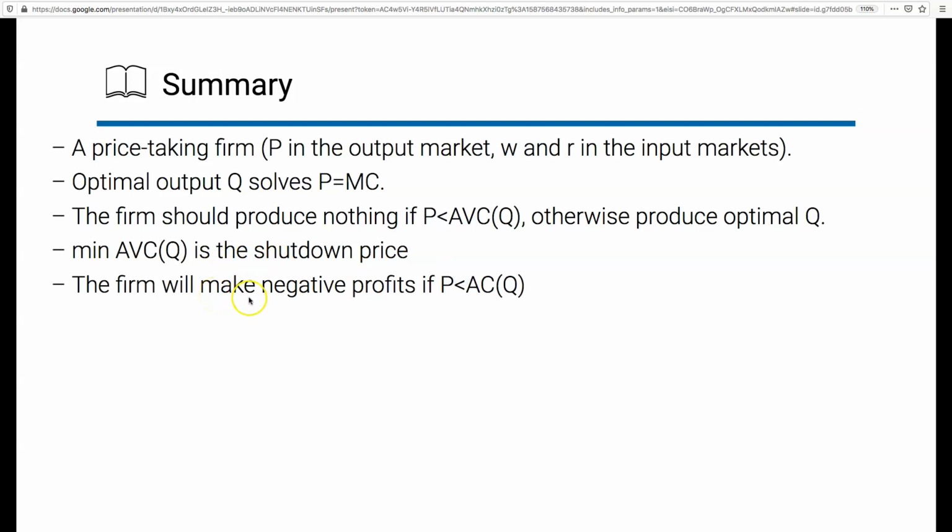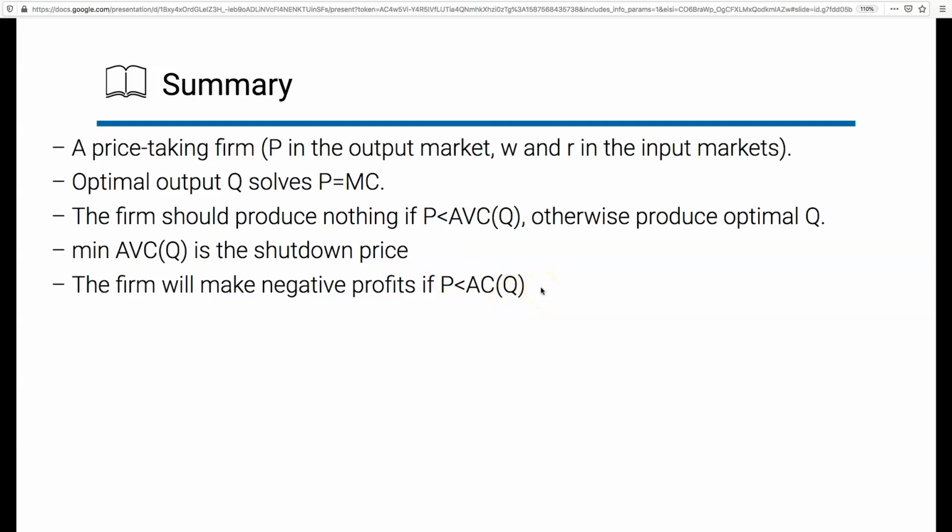Next step, the firm will make negative profits if price is less than average cost of output, less than cost per unit of production. So there could be a situation when the price is above the shutdown price, but still quite low, that the profits will be negative. And I showed you in the previous example, prices of 10 and 25 were just like that.